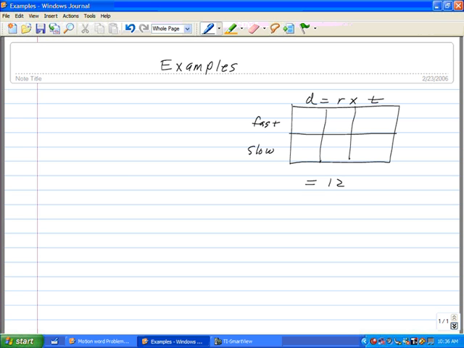One crew can lay blacktop at an average rate of 0.75 miles a day faster than the other. So what they're giving us is not the actual rate for either one, but a comparison between the 2 rates. So I can call the slow crew R and the faster crew R plus 0.75 because they've made that comparison.